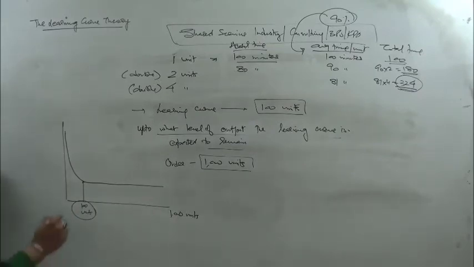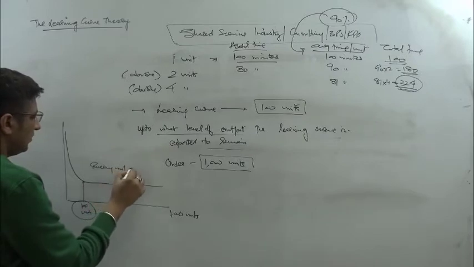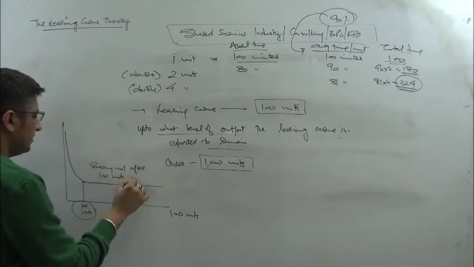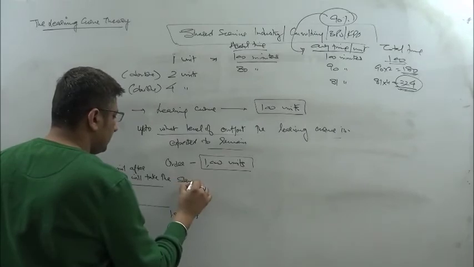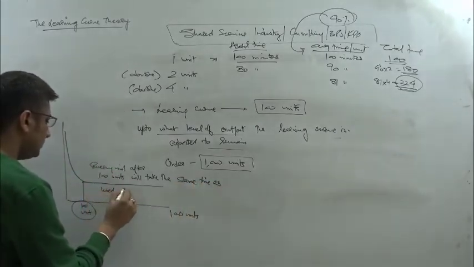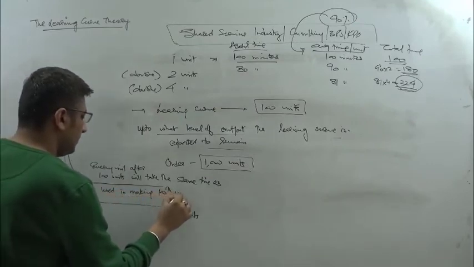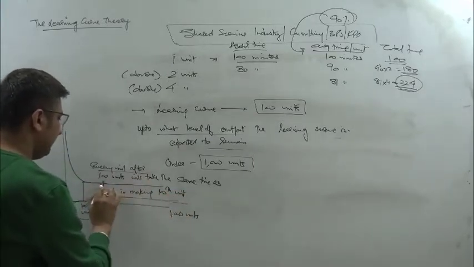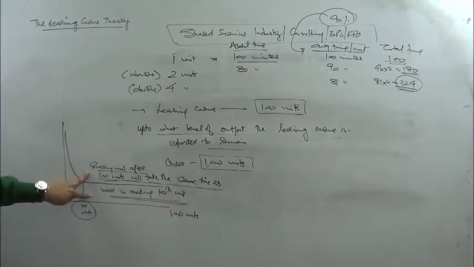So what does it mean? We are saying that every unit after 100 units will take the same amount of time as used in making the 100th unit.